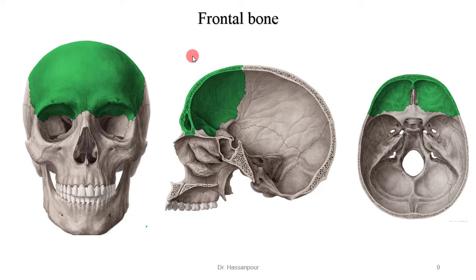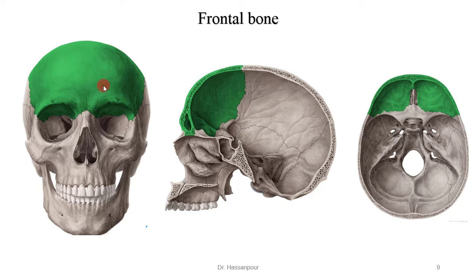Let's start off with the bone that you can see now, highlighted in green, that defines your forehead from both an anterior and lateral perspective, and we call it the frontal bone. The frontal bone, which is one of the bones that encases the brain, consists of 3 parts: the squamous part, the orbital part, and the nasal part.